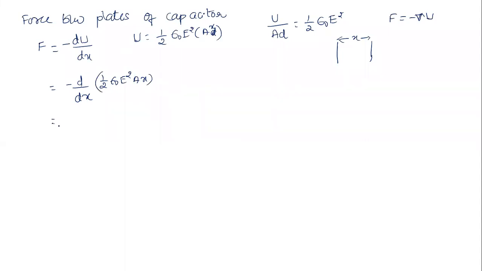If you differentiate, all the remaining terms are constant, and it will become negative 1 by 2 epsilon naught E square into A. That is the force between the plates of the capacitor. The negative sign indicates that it is always an attraction. So those two plates always attract each other.